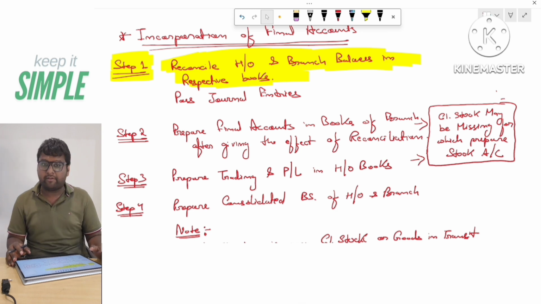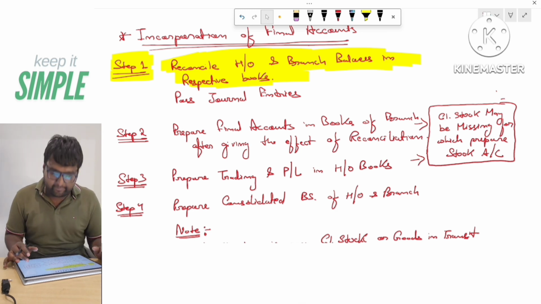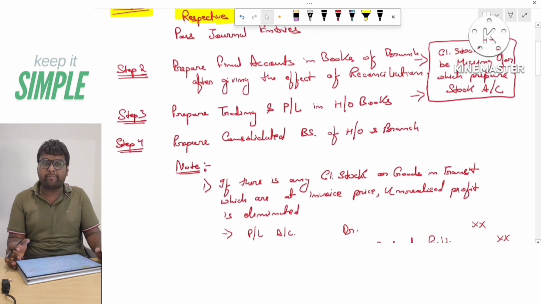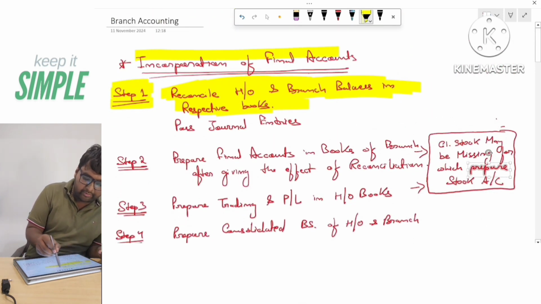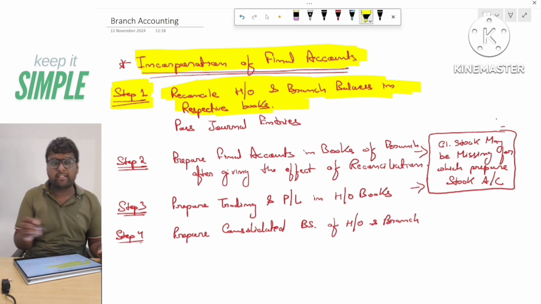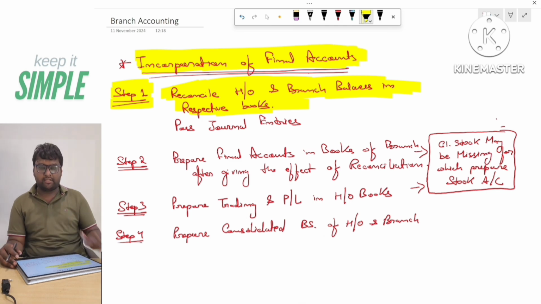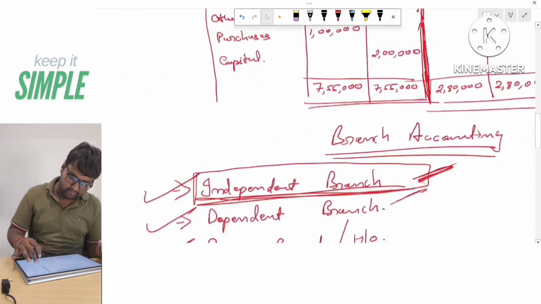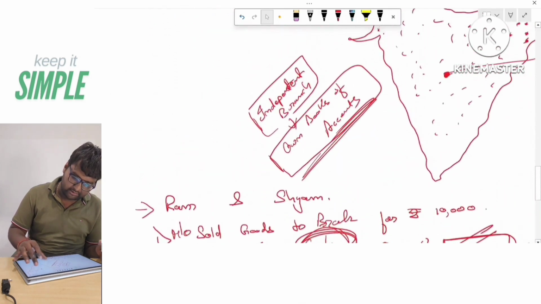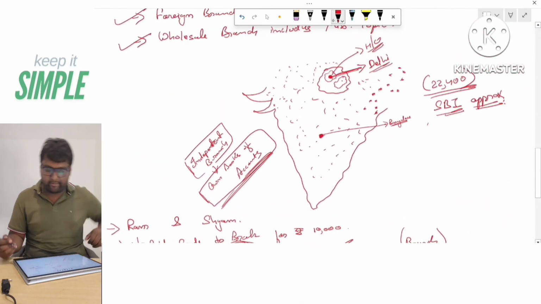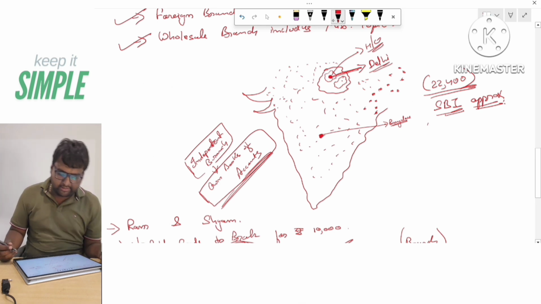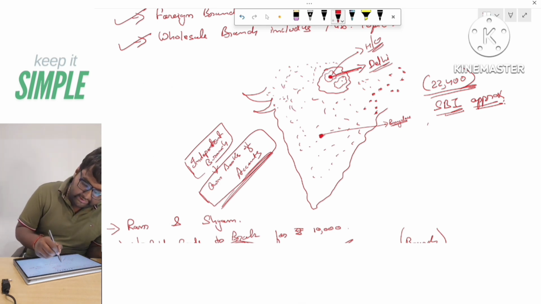Okay. Moving forward, the next step is we have to prepare final accounts. See what we are learning. We are learning the incorporation of final accounts. That is how to incorporate the books of head office and branch. Like I'll just go back to my example. This is SBI example. See, every branch is an independent branch.